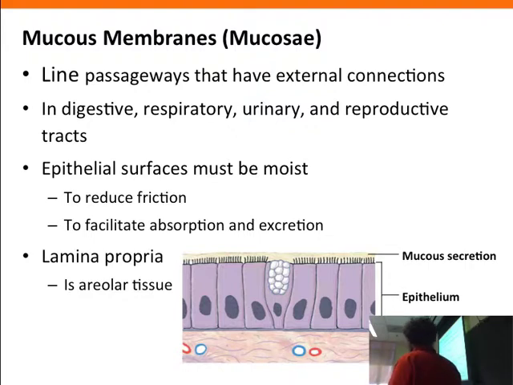They can't dry out, both to reduce friction and to facilitate the absorption and excretion of products across this apical surface. They are supported by a lamina propria, that underlying connective tissue layer. So here's the ET, here's the CT, and in mucous membranes, we call that CT the lamina propria. We'll come across that term in a number of places down the road when we talk about the digestive tract, etc.